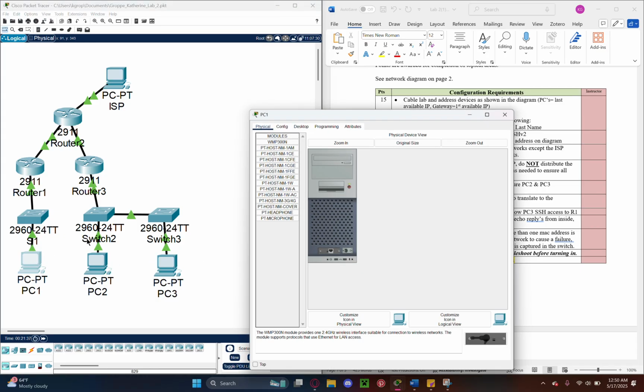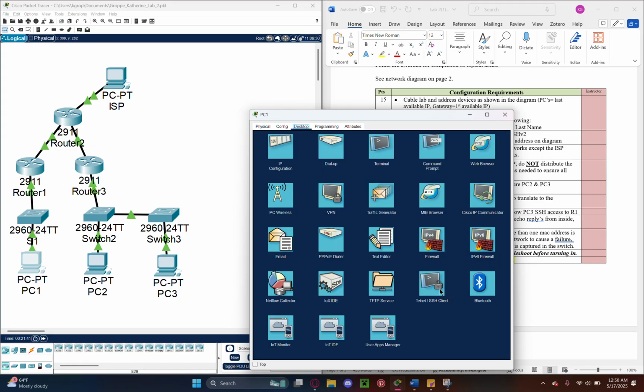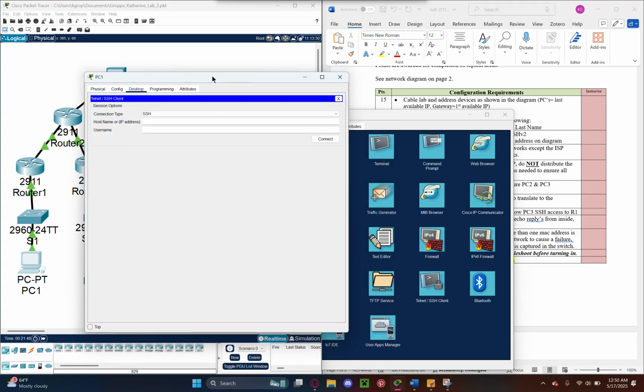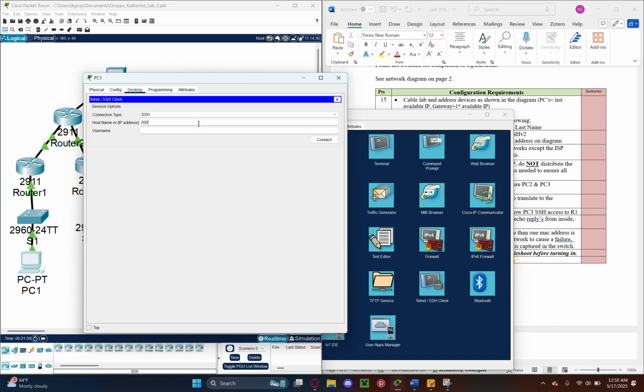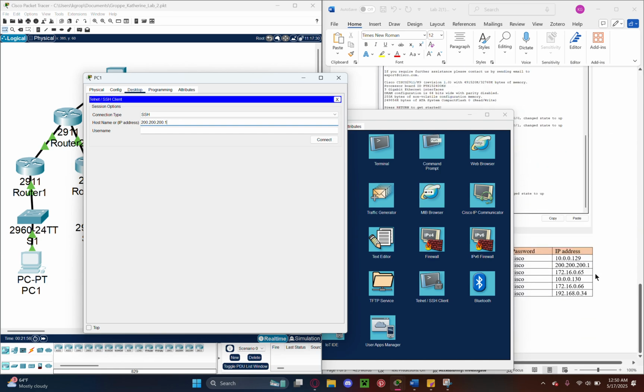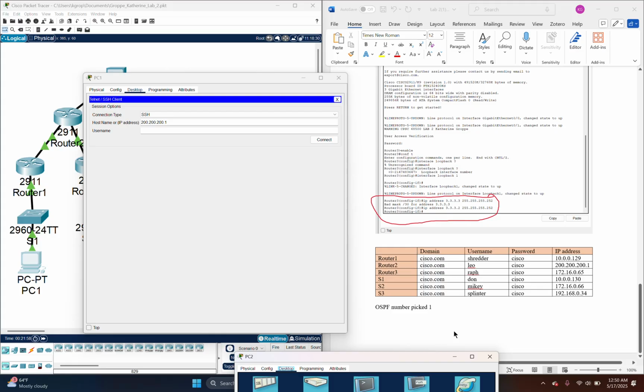Let's see, can I SSH? In the telnet client, can I SSH to a hostname or IP address? It's 200.200.200.1. And what was the username that I put in for this? Now this is for, what router is this? Leo.